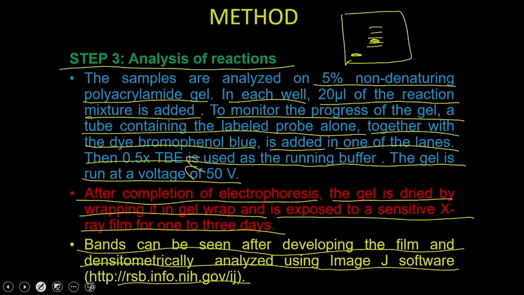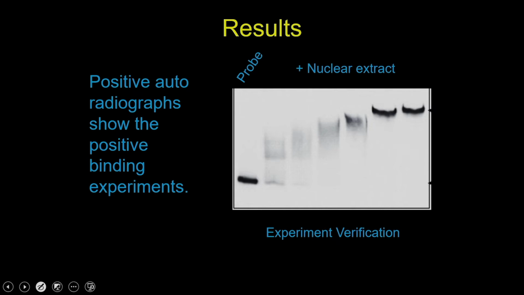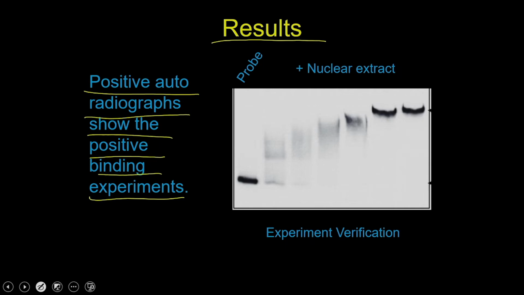Let us see what result you are going to see. In the results section, the positive autoradiograph shows the positive binding experiments. In a typical experiment, when you run the probe alone, it runs very far away from your lane.